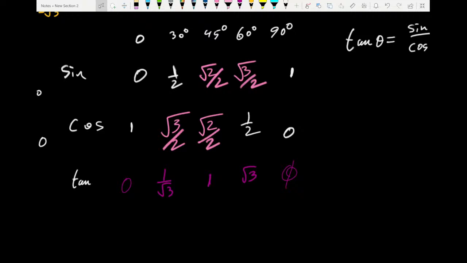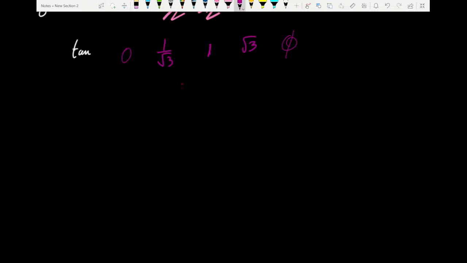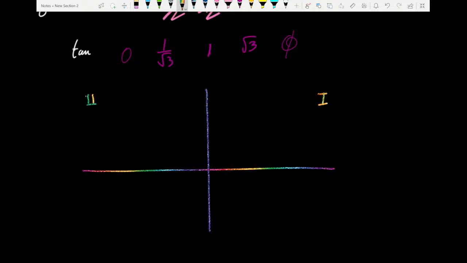Now, using this table, what we're going to do next, I'm going to give you one more concept. Quadrant 1, quadrant 2, quadrant 3, quadrant 4.